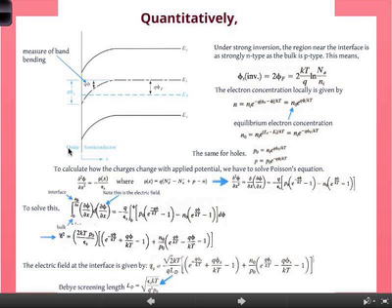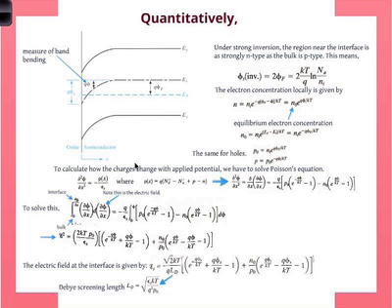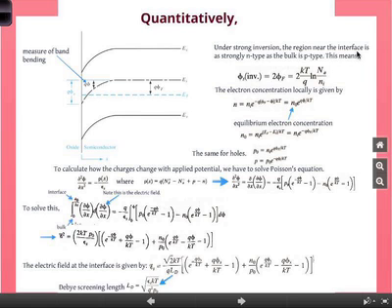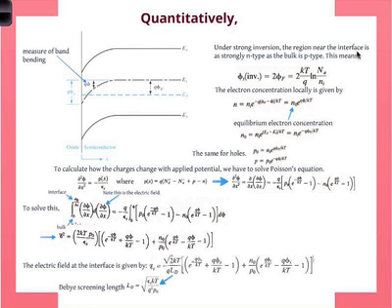So you start with x equals 0 at the interface and increasing that way. First thing we can do is, under strong inversion, make some criteria for strong inversion. The reasonable criteria is that at the interface the material becomes as N-type as the material is p-type far away. In other words, you want as many electrons at the interface as there are holes far away from the interface.